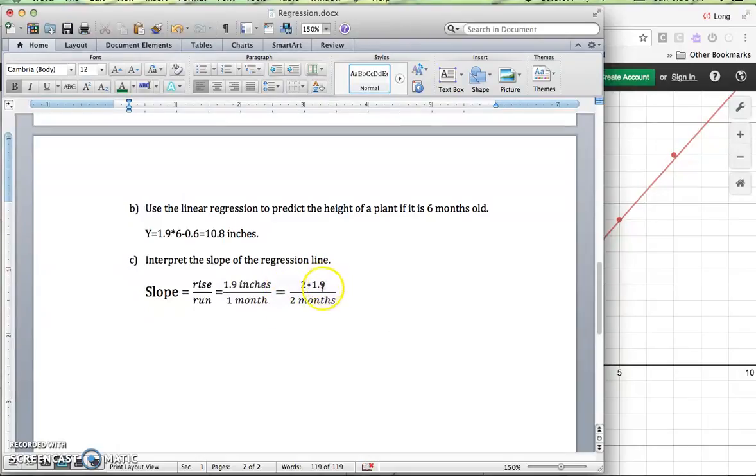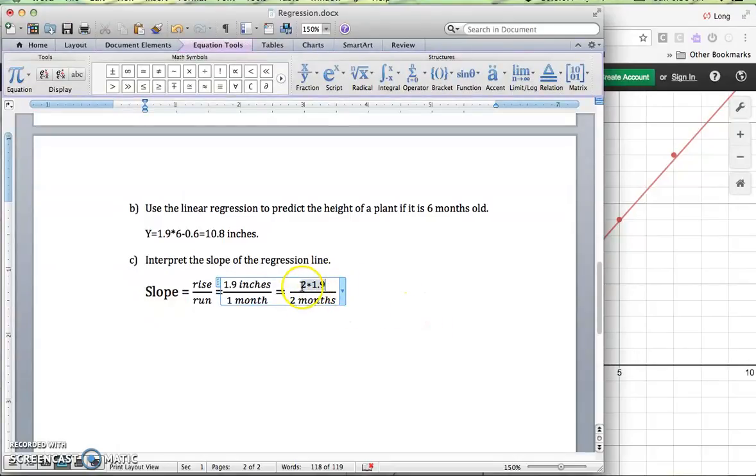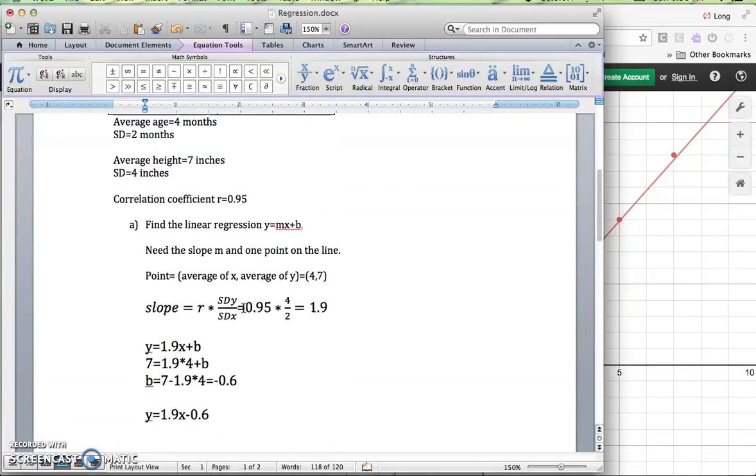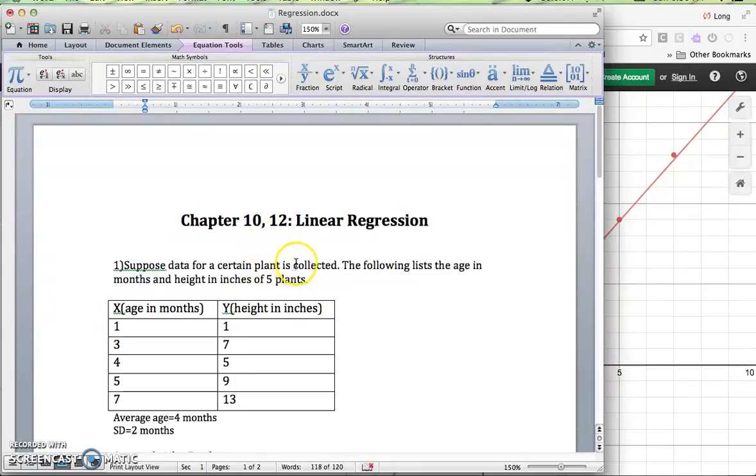So if you increase your age by 2 months, the plant grows by approximately 2 times 1.9, or 3.8 inches. That's how we interpret the slope of the regression line. It tells you approximately how high the plant will grow for every 1 month increase in age. If you do this for 2 months, you double this. If you want to know how much the plant grows in 10 months, you multiply this by 10. Okay, this should be enough for you to do the workbook assignment on chapter 10 and 12, which is on linear regression.